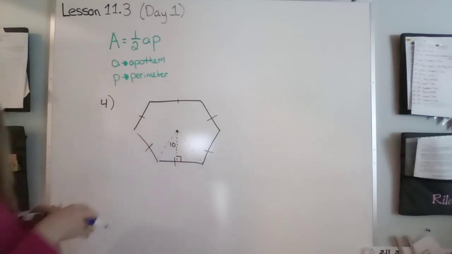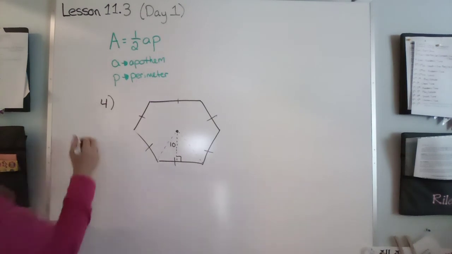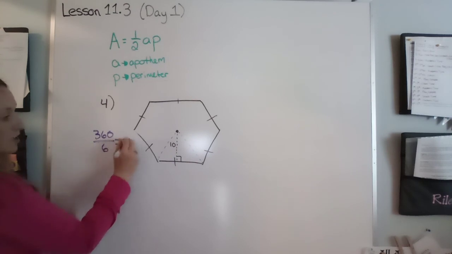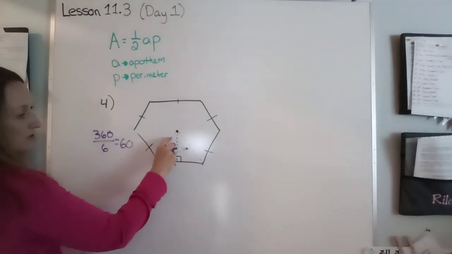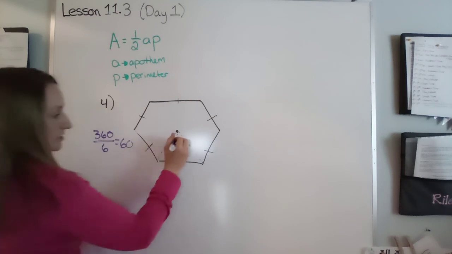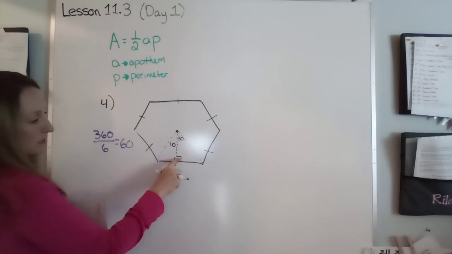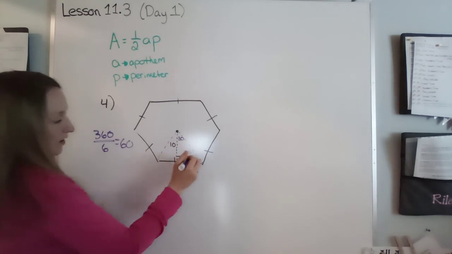It's a 6-sided figure, so 6 central angles. 360 divided by 6 gives you 60 degrees. So this central angle is 60 degrees, but the apothem bisects it, so it's 30 degrees. And if that angle's 30 and this angle's 90, I know that this angle has to be 60.